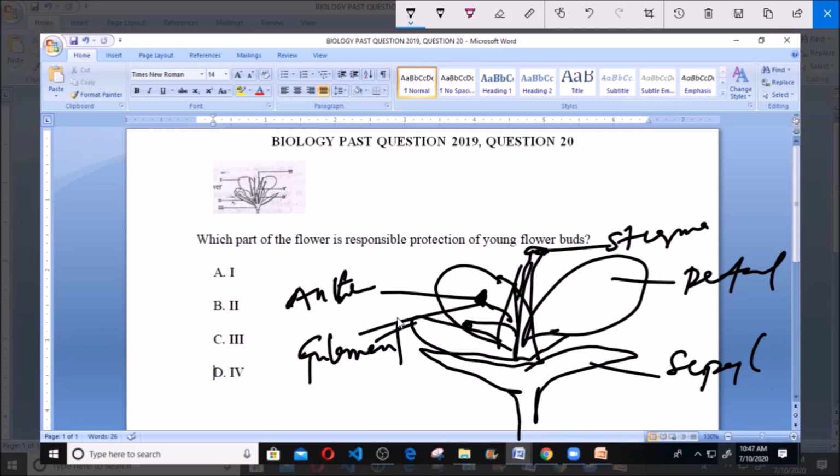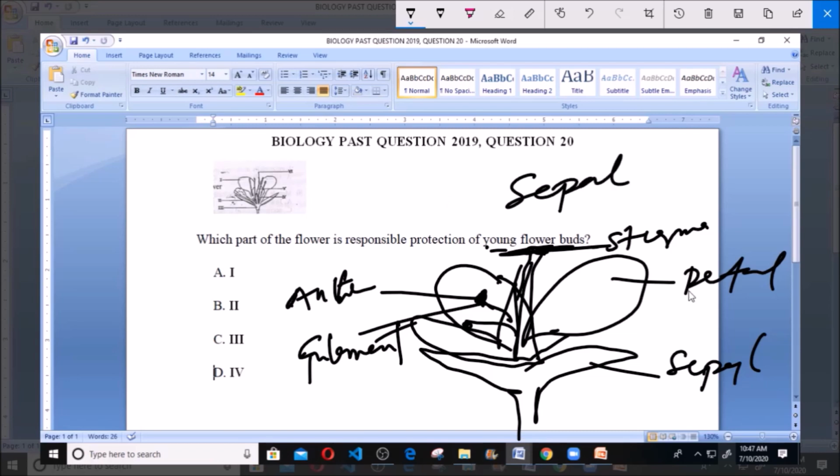Now, the question is asking us which part of the flower is responsible for protection of young flower buds. Sepal is a defensive organ that encloses and protects the developing reproductive structures. In this case, the developing reproductive structure is the young flower bud. So our answer is sepal.